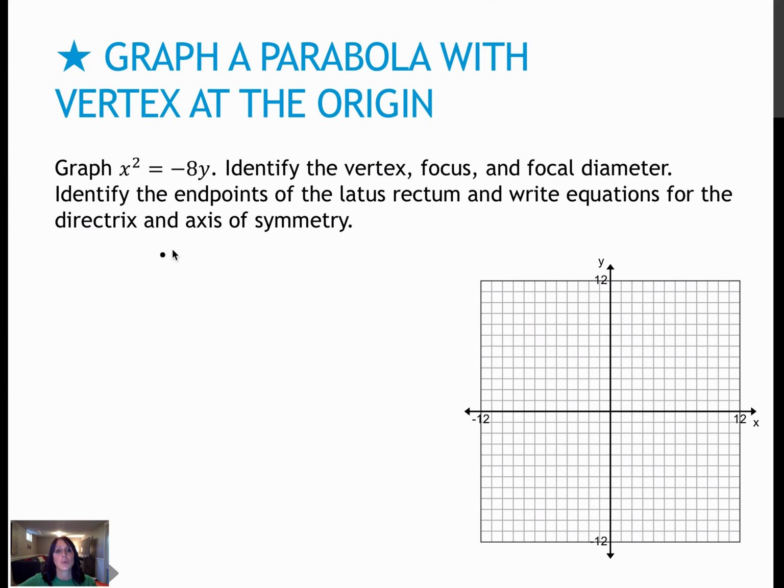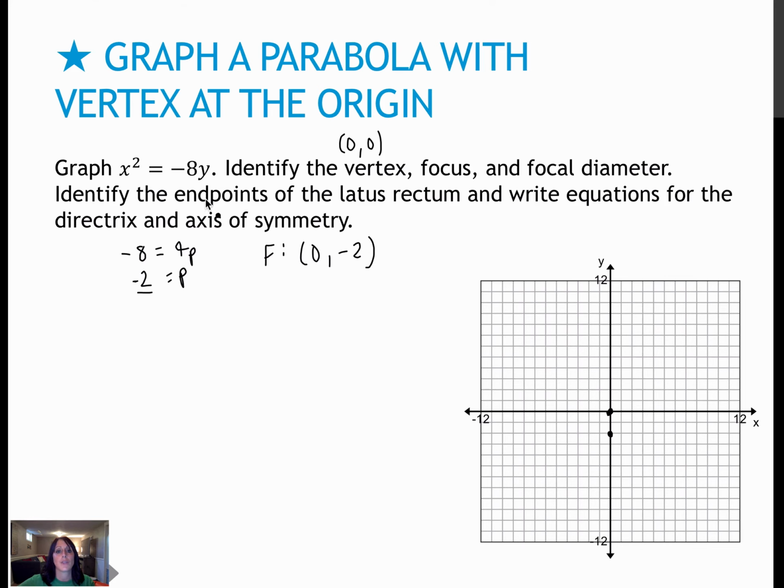Again, now I have an x squared first, so I have that negative 8 is equal to 4p, so p must be negative 2. That means that, again, my vertex is 0, 0, just as it was before. The focus is going to be at negative 2, which is, of course, the point 0, negative 2.